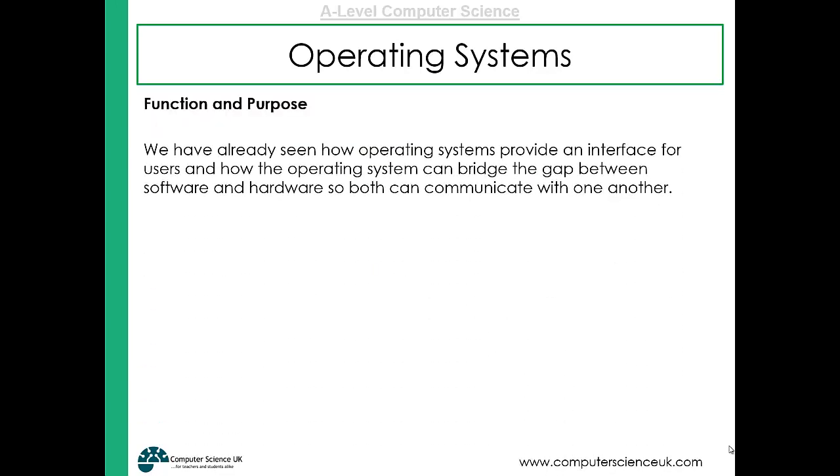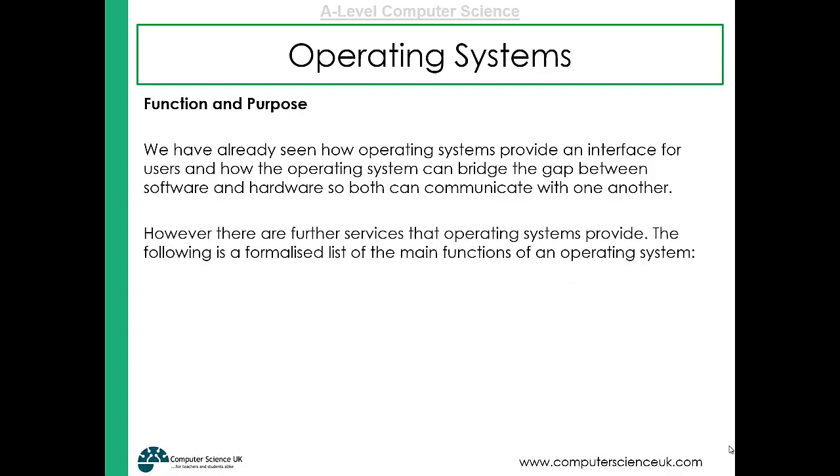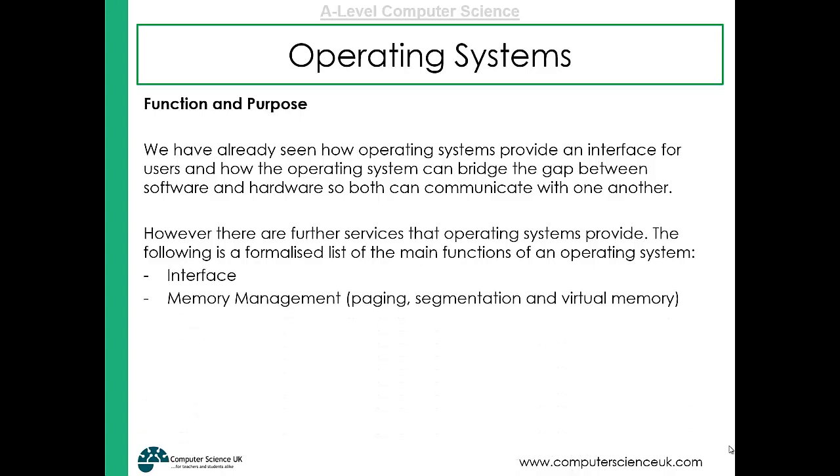So we've already seen how operating systems provide an interface for users, allowing a user to work with an application, and then we've seen how the operating system will allow an application to talk to the hardware so they can communicate with each other. But there are further services that the operating system provides. Now, an interface.